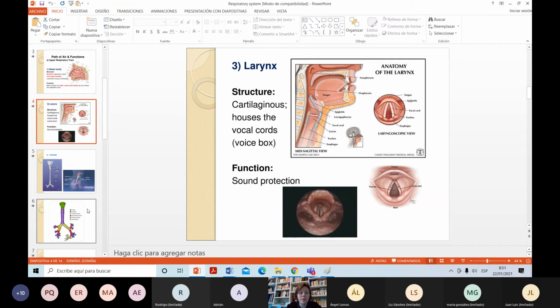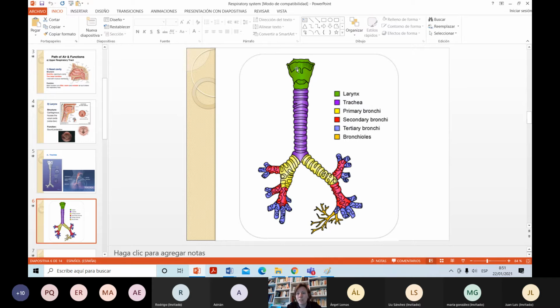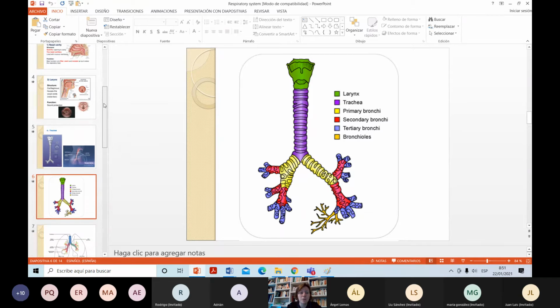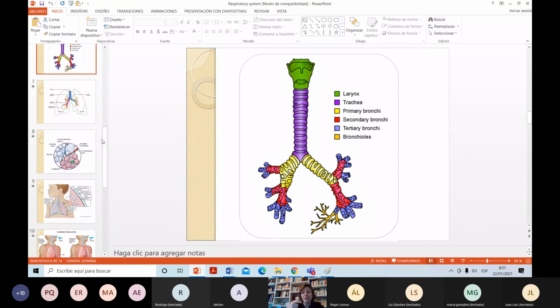Okay, so the green part is the larynx, then from the larynx air goes to the trachea, and remember we mentioned important things about this trachea that were the rings that had this C-shape in order to let the esophagus dilate, having enough room.